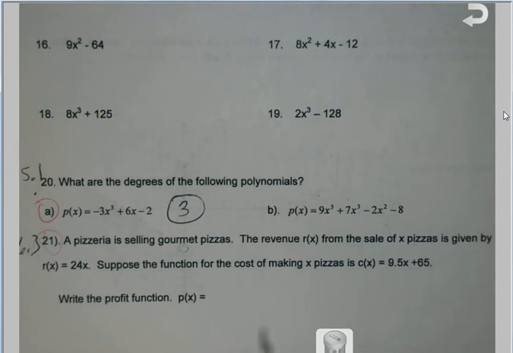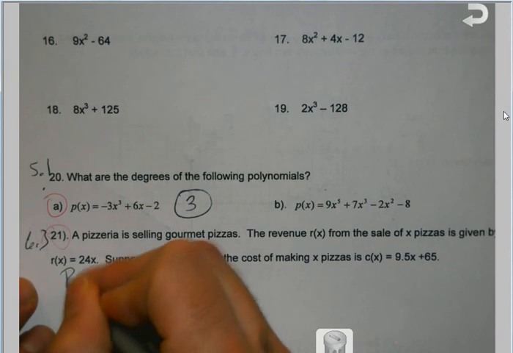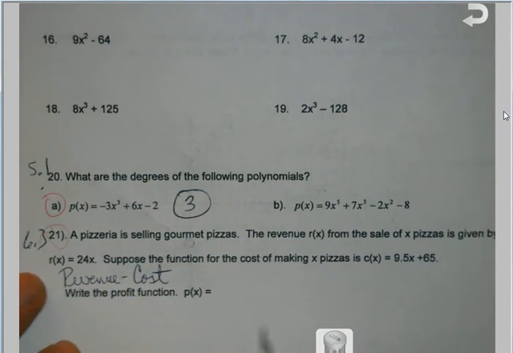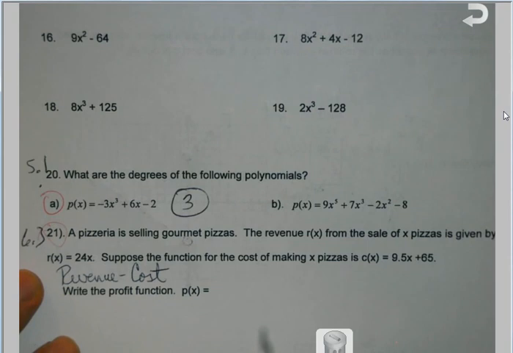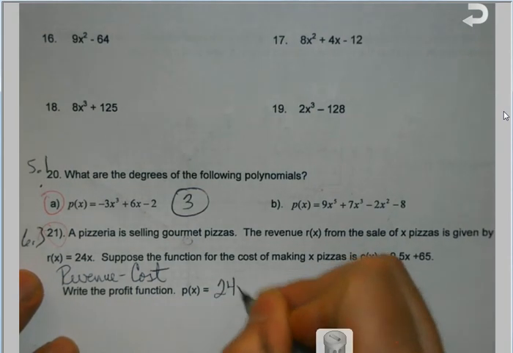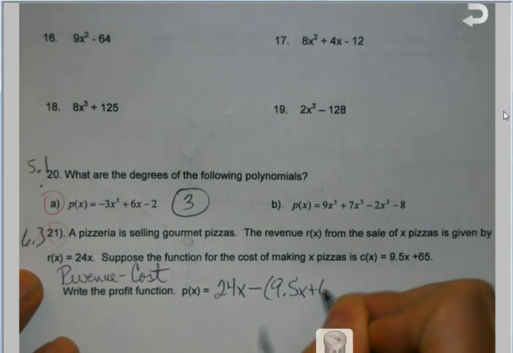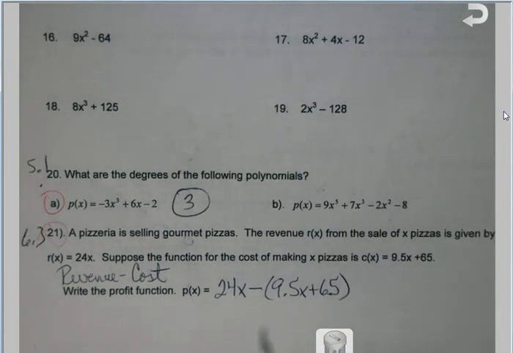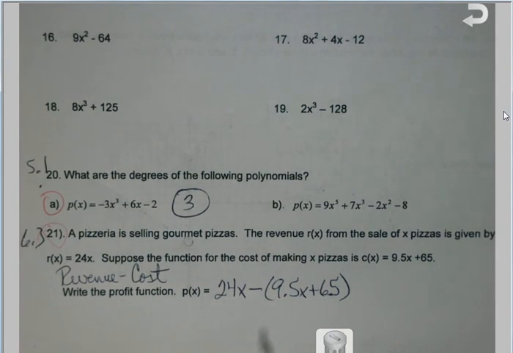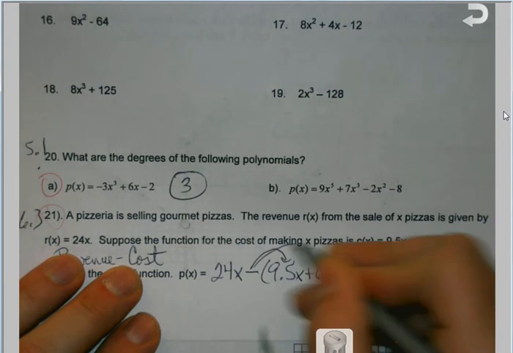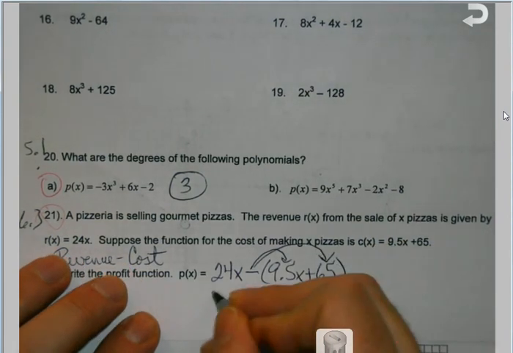Our last one for this review is that we are selling some gourmet pizzas, and we have revenue and costs. How do I write the profit function? Again, revenue minus cost. So I do 24x minus all of my cost, so again I need the parentheses. Once I get here, do a little distributing.